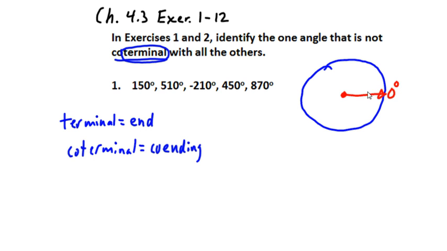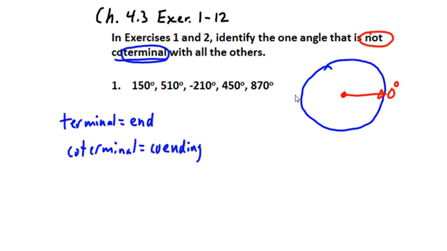The positive rotations go counterclockwise, and the negative rotations go clockwise. So of these 5 angles, one is not coterminal, all the rest are. Let's do the analysis.